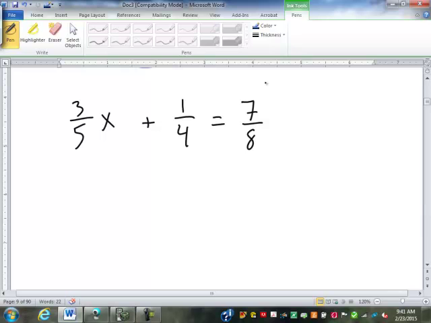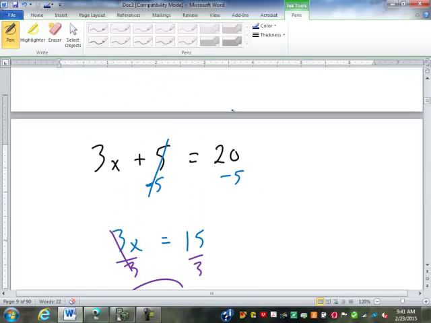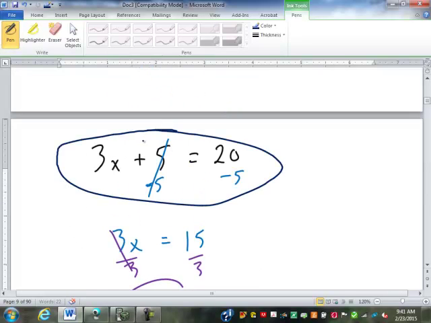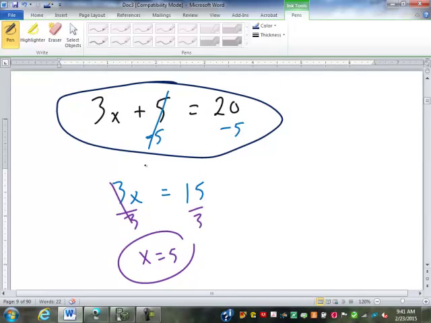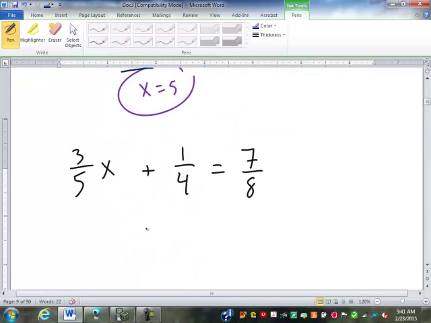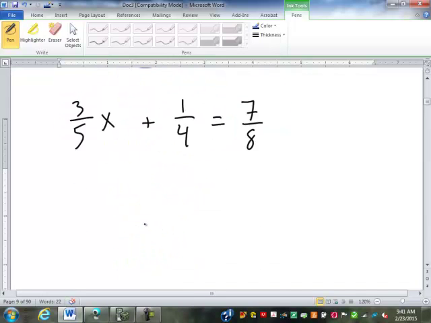I mean, it looks very different, but it's really the exact same form of equation as this one was. Up here we subtracted and then we divided. Down here we're going to subtract and then divide. What are we going to subtract? We're going to subtract 1/4. Good. So over here all that's left is the 3/5 x.